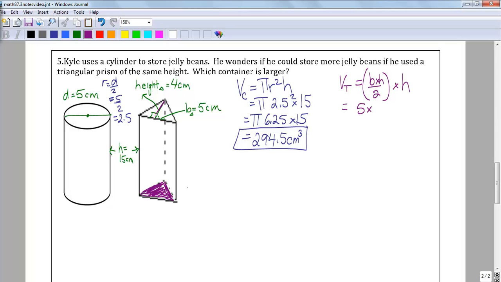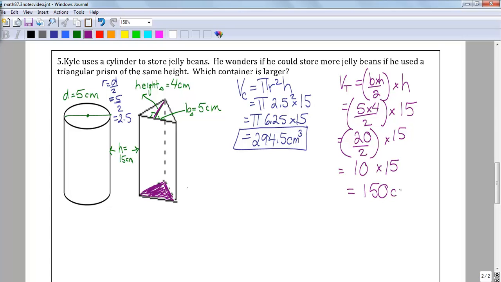The height of that base part is 4. And then I'm going to multiply it by the height of the entire thing, which is 15. So brackets first. 20 divided by 2 times 15. 20 divided by 2 is 10 times 15. 150 centimeters cubed. So in this case, looks like the cylinder has way more volume.